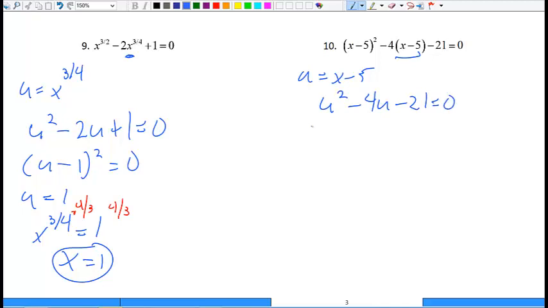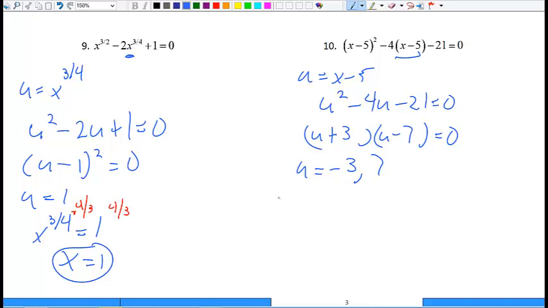And then if I factor that, that would be u and u, and then I need two factors of 21 that add up to negative 4. So if I go negative 7 and plus 3, that'll get the job done. That means u equals negative 3 and positive 7.